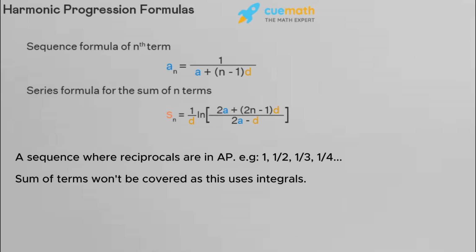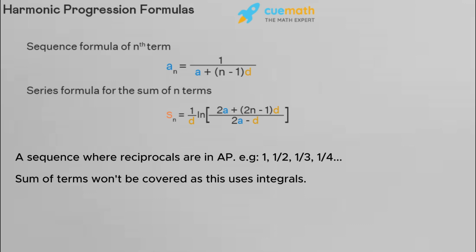Let's look at harmonic progression. So harmonic progression is like arithmetic progression, but this time focusing on reciprocal numbers. If you look at the example given, you can see the first term is 1, the next term is a half, then a third, and then a fourth.